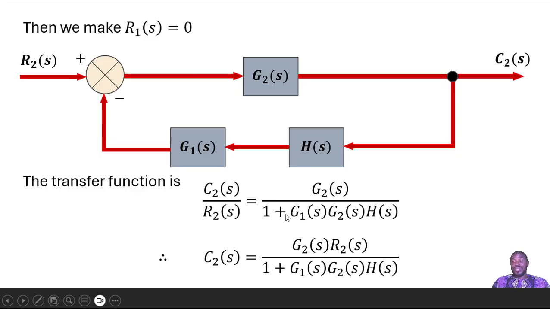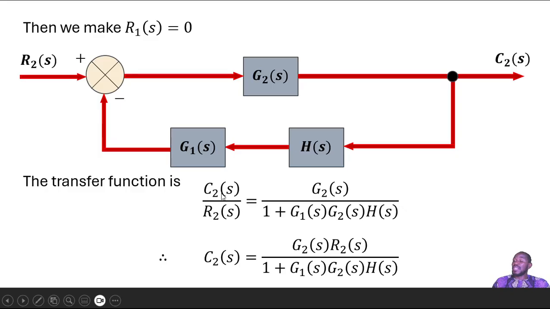This is negative, so this will be positive, plus the product of the forward transfer function G of S and the feedback transfer function. All right, since this goes directly into that, we can find this by taking the product of these two guys. So G2 of S times G1 of S H1 of S is the same thing as G1 of S G2 of S H of S, as we found.